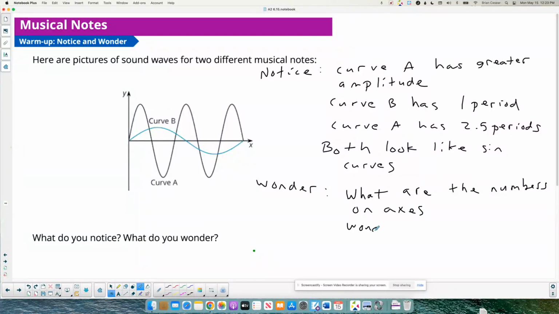I wonder if A is horizontally compressed or if B is horizontally stretched.